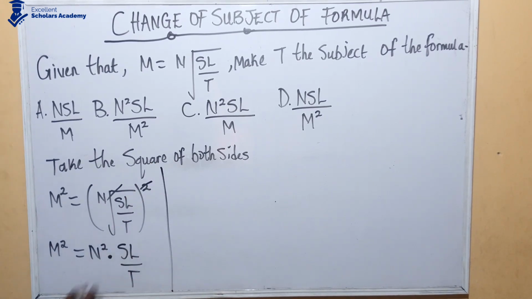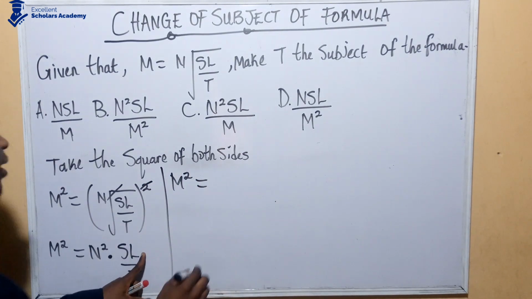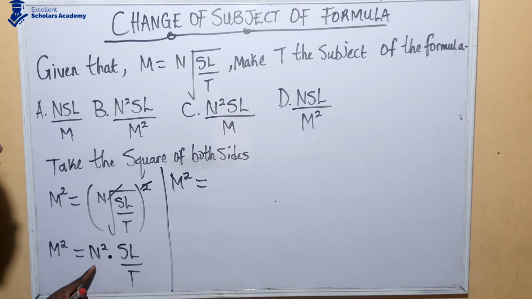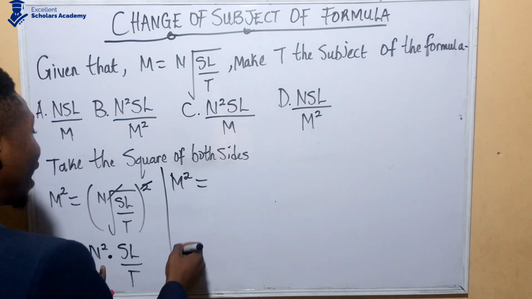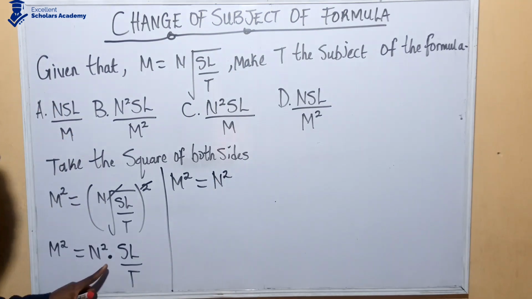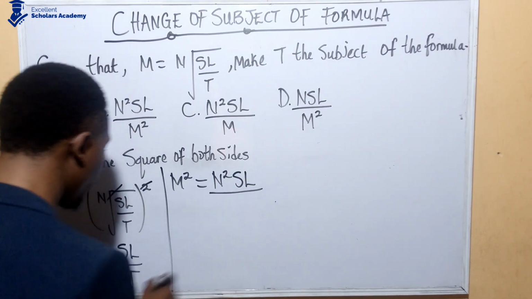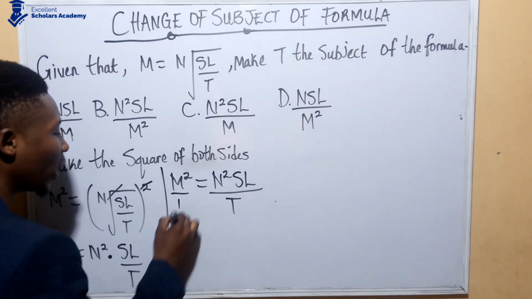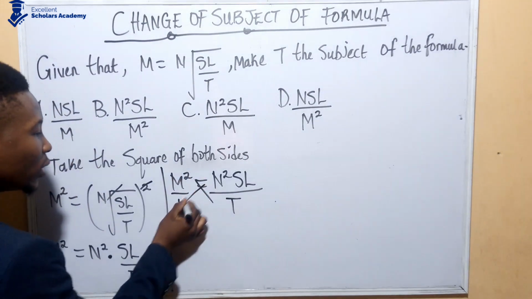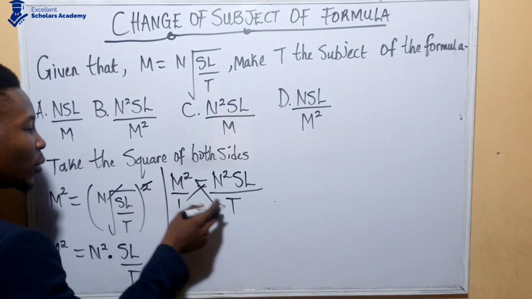Now let's continue. M squared is equal to what? N squared times SL gives us N squared SL over T. Now you can put over 1 here and cross multiply: this multiplies this, this multiplies this.